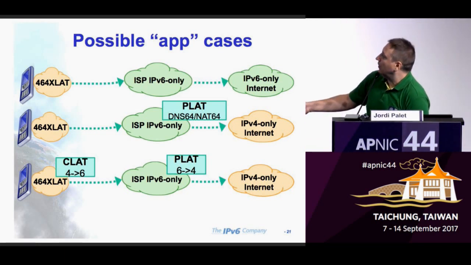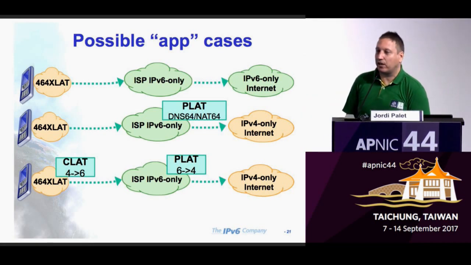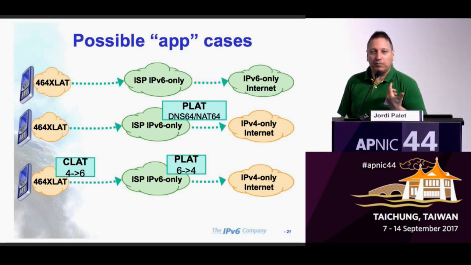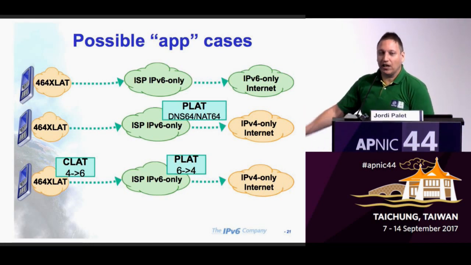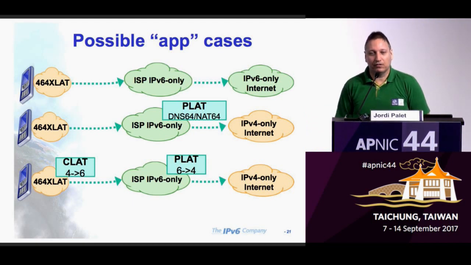Because the device here that we are trying to access has a DNS name. But remember that what we said before is that what it breaks is when we are not using DNS, when we are using older socket API or literal addresses, right? So that's when CLAT takes its function.